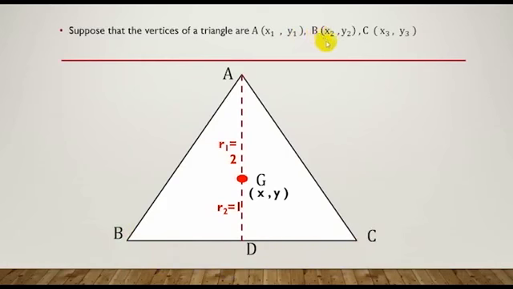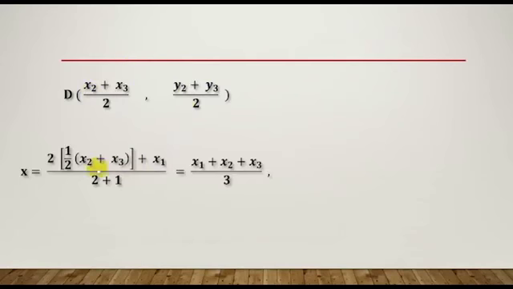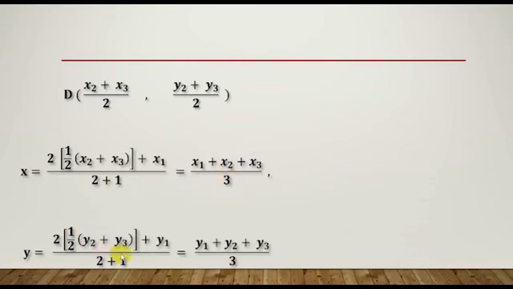So I will take x2 plus x3 divided by 2, and y2 plus y3 divided by 2. So right now for that G, for our x, the three x1, x2, x3 will be divided by 3. And y, for the three of them, will be y1 plus y2 plus y3 over 3.